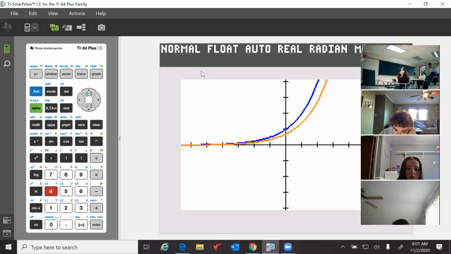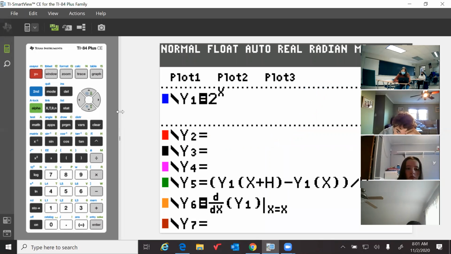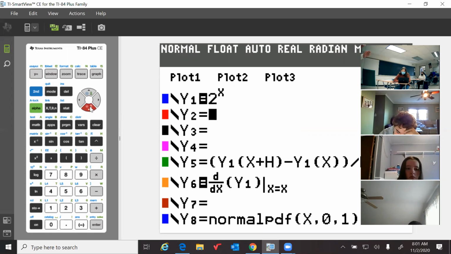If you look at your picture, the derivative is inside the parent graph. You understand what Adam's saying? So we have different things in y equals. So what would your conclusion be about what's happening between 2 and 4?